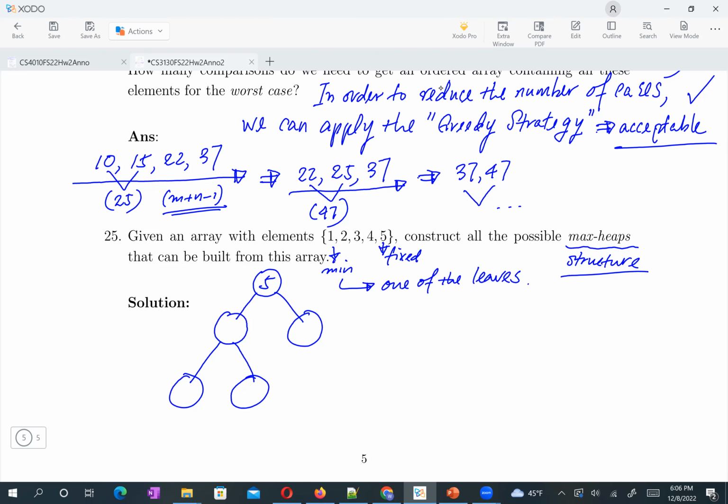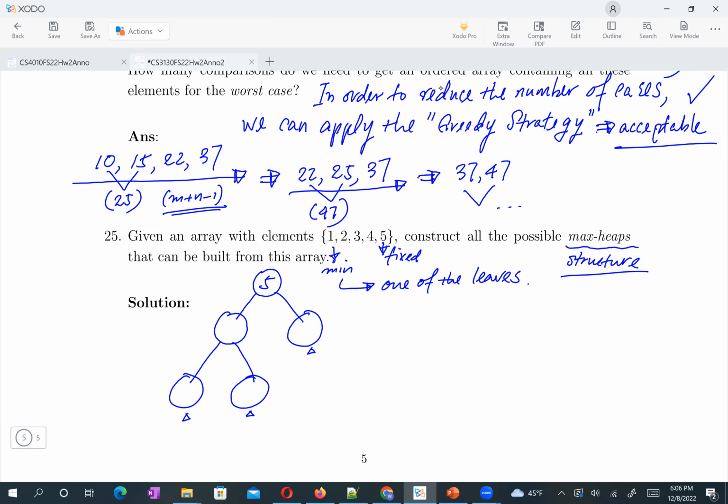Based on the max heap property, the minimum must be one of the leaves. In this diagram, we have 3 leaves. So that means the minimum can only be in one of 3 cases.